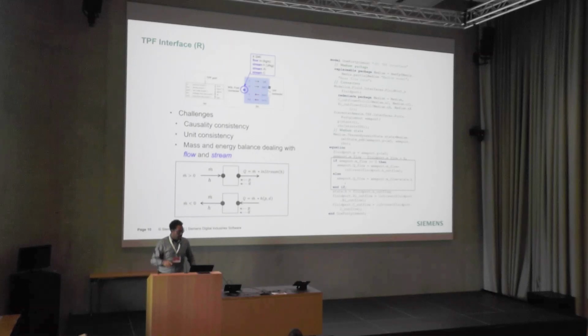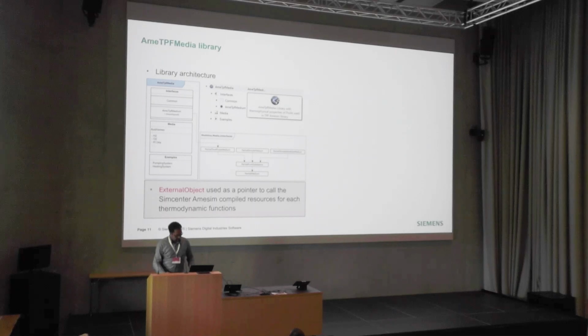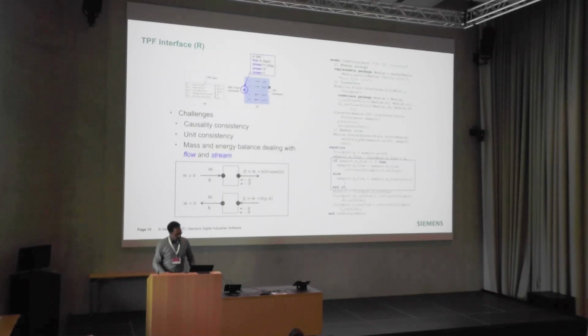The second use case is when the mass flow rate comes from Amesim and goes to the Modelica system. At this moment, the enthalpy flow rate is equal to the mass flow rate multiplied by the enthalpy, depending on the pressure and the density, which is in this causal system, the entry to this interface.